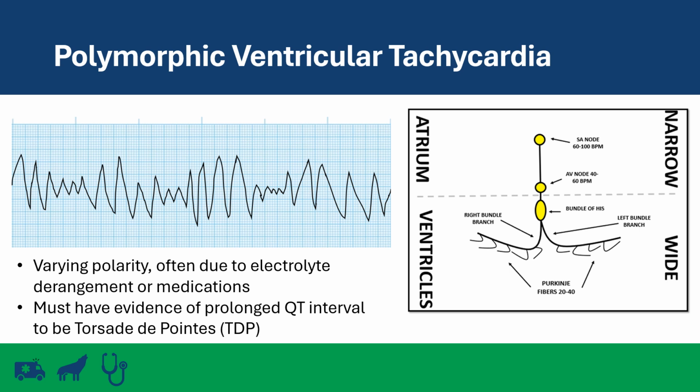Most people will refer to polymorphic VTAC as torsades, but this isn't technically accurate, as torsades is just one type of polymorphic VTAC, and additionally, you can only call a rhythm torsades if you have evidence of prolonged QT interval.